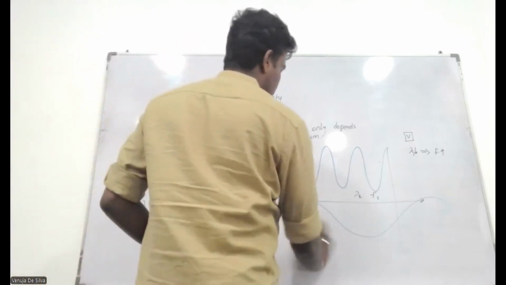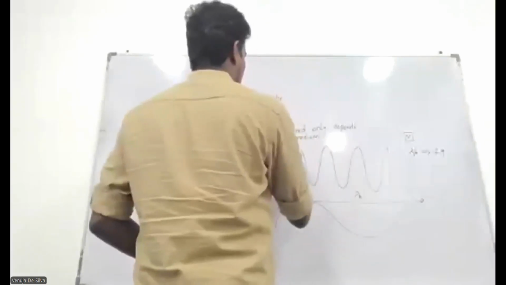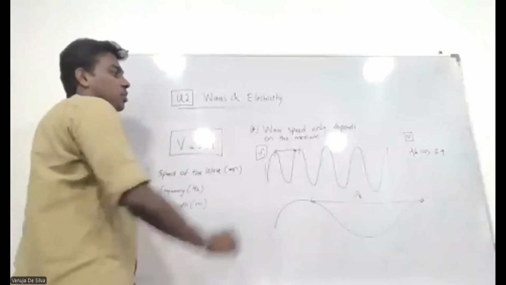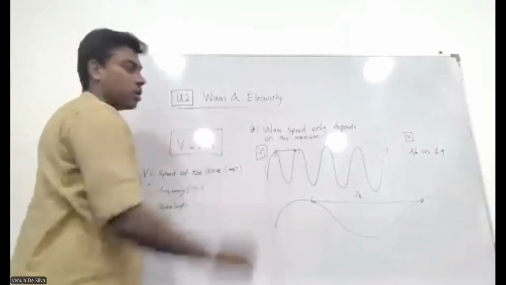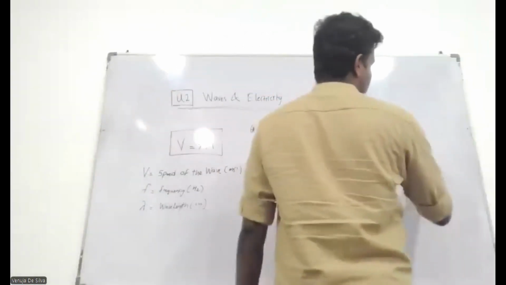You have to do this. So what I want you to do is, after writing this part down, you write wave speed only depends on the medium. Write down wave speed only depends on the medium.